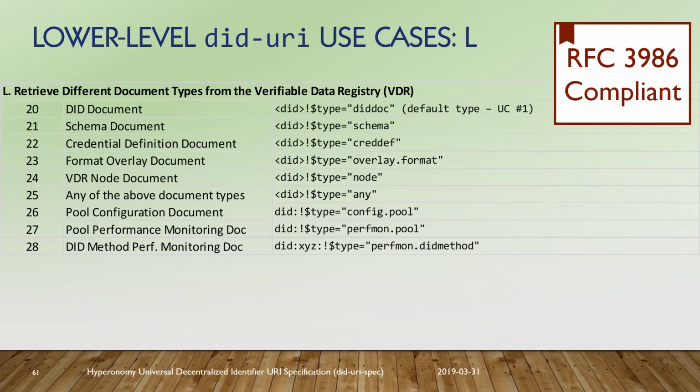Not just did documents, but schema documents, credential definitions, the whole overlay framework, information about the nodes, the node document, and then use case 25 is type any, and that's similar to any in the DNS query protocol, where you want to be able to retrieve many different types of documents. And all of these would probably be mitigated either with $filter, $top, $first, etc., to control the volume or the batching of documents that are returned.